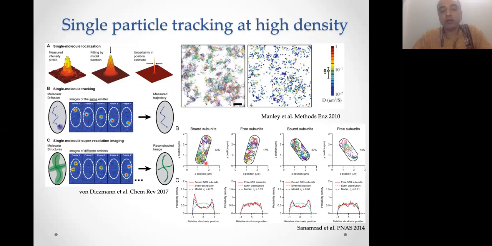You look at the distribution of the ribosomes moving fast versus slow. You will notice that the free ribosomes seem to be evenly distributed, the dashed line being the even distribution, whereas the bound ones populate mostly the outside, away from the nucleoid of the bacteria.